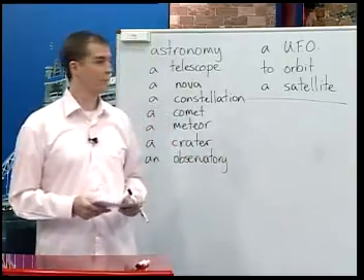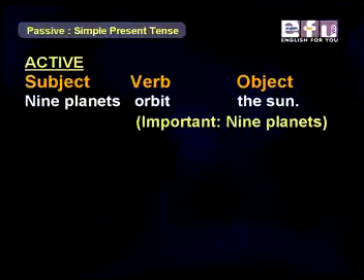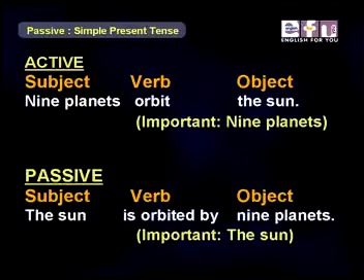Let's look at this example. 9 planets orbit the sun. Now, in this sentence, 9 planets is the important part, the important thing for the sentence. In the passive voice, the sun is orbited by 9 planets. So the sun is the important thing in this sentence.